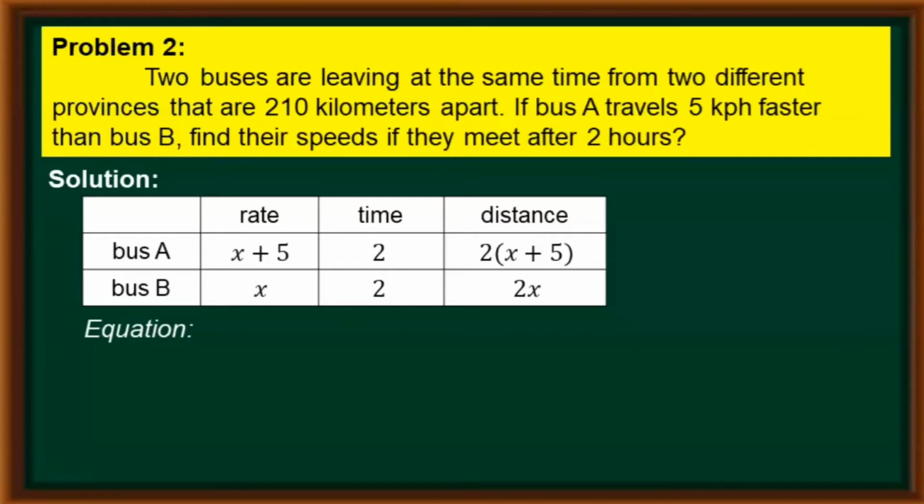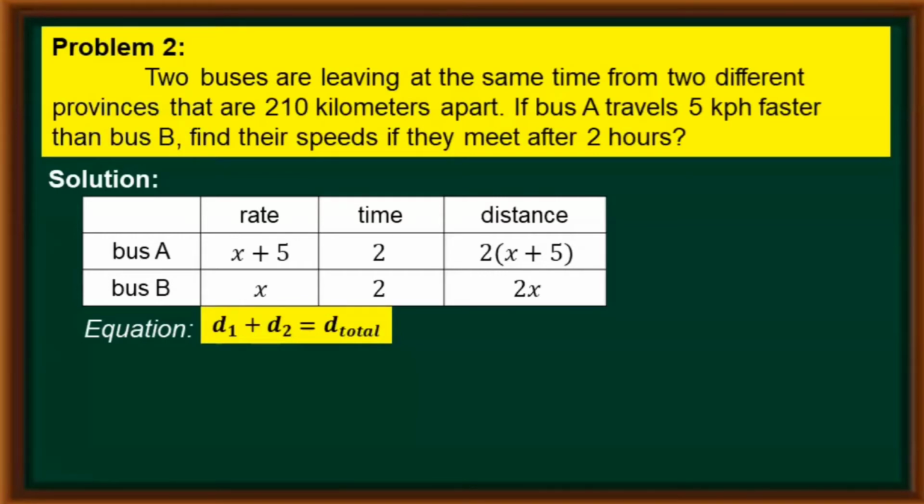Take note that in our problem, the two buses are traveling in opposite directions since they came from different provinces and they traveled and meet after 2 hours. So the equation that we will be using would be d sub 1 plus d sub 2 is equal to d sub total.